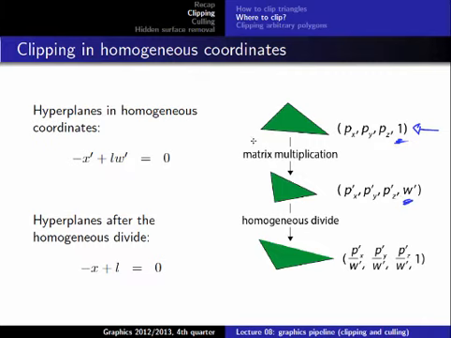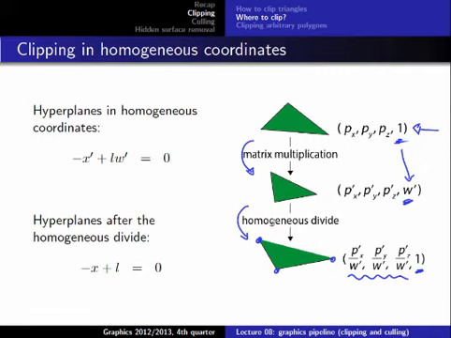So by the matrix multiplication we get a value here that is not 1 but that is w dash, and then dash because we also have the dashes here, because then these points here do not represent the outcome of our transformation x, y, and z, but they represent the outcome of our transformation divided by this w, which is then this step of the homogeneous divide. And when we do that, then of course we have again the 1 here, and these are then the resulting vertices of our triangle that is appropriately projected onto the screen.